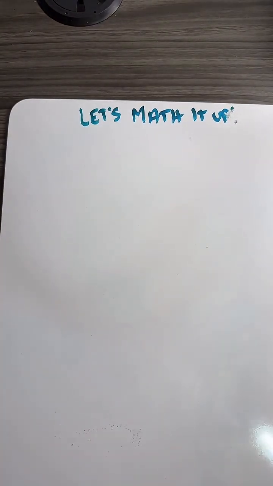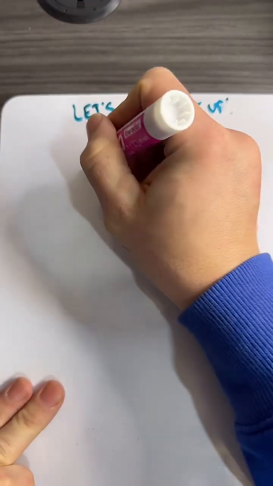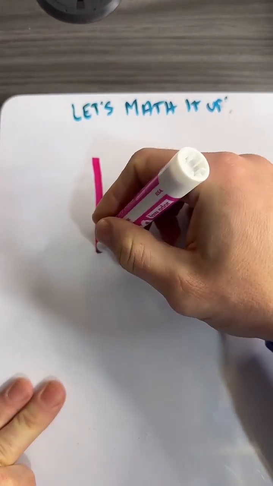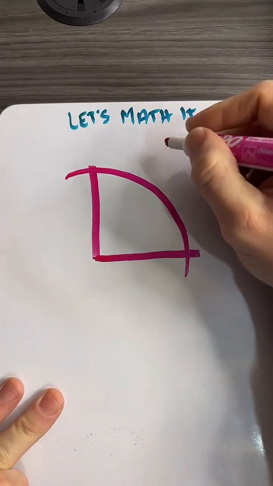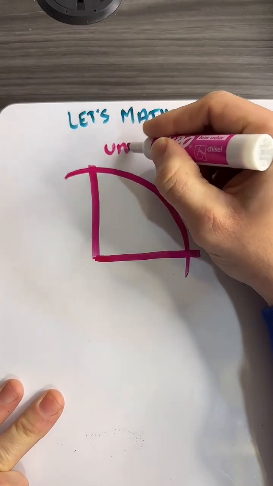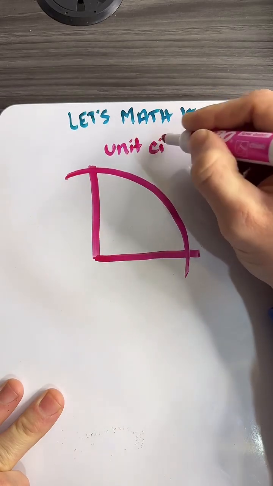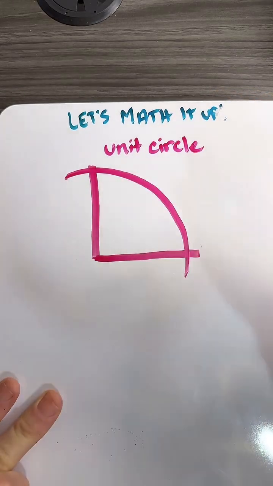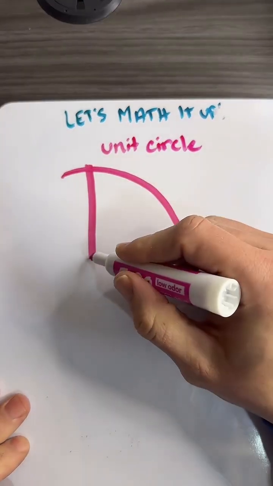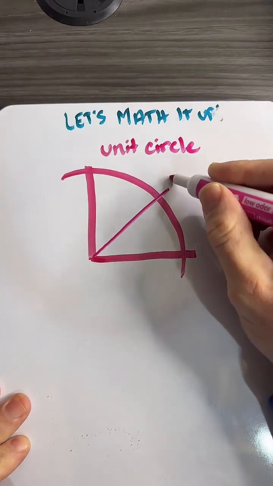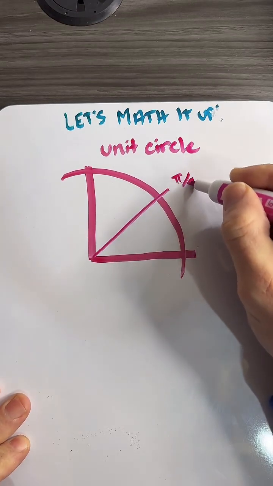All right, so let's take a look at just the first quadrant of our unit circle. We're setting up our unit circle here. Let's look first at pi over 4.